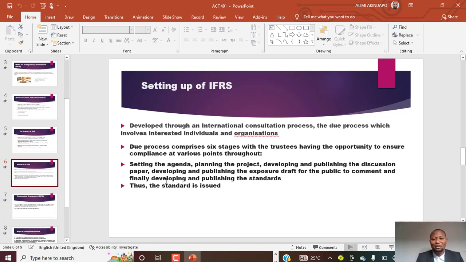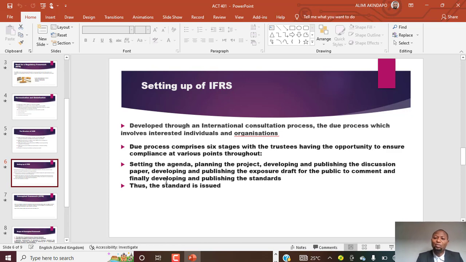Setting up of IFRS. How do we set up International Financial Reporting Standard? The IFRS is developed through an international consultation process called the due process, which involves interested individuals and organizations.